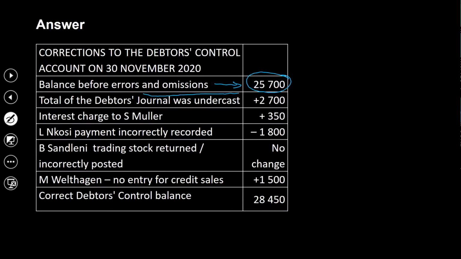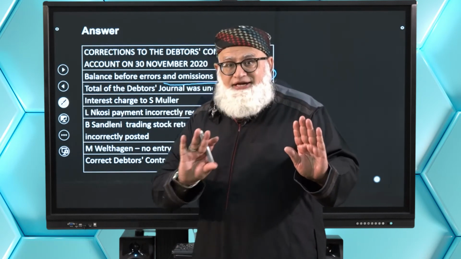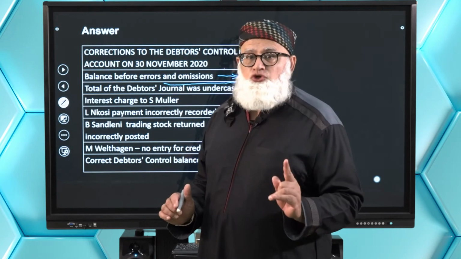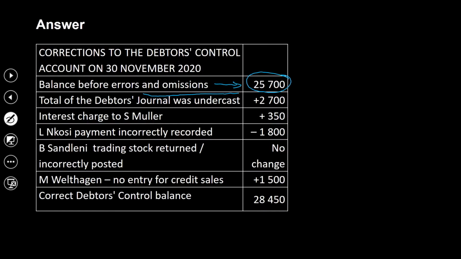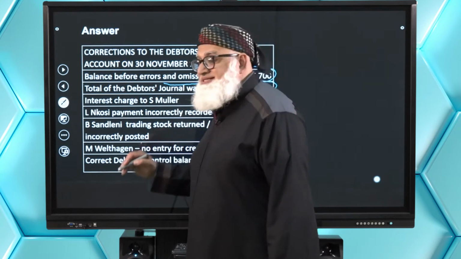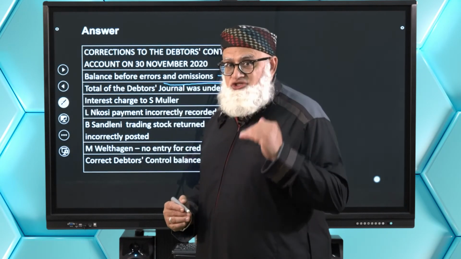Once again, let's go through this one here. The debtors journal was undercast by 2,700, double entry, debit debtors control, credit my sales account. Therefore, a debit in debtors control means that you're going to add plus 2,700 to your debtors control amount. Okay, now remember what we're doing now is a recap of all those individual ones that we showed you separately.